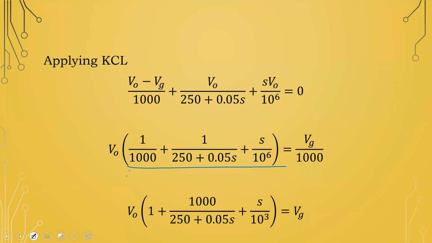Or we can take that other route; it's totally up to you. You could put minus 1 and bring it to the right-hand side, and you have V0 over VG. It really doesn't matter. As I said, it's just how efficient you can work with fractions.